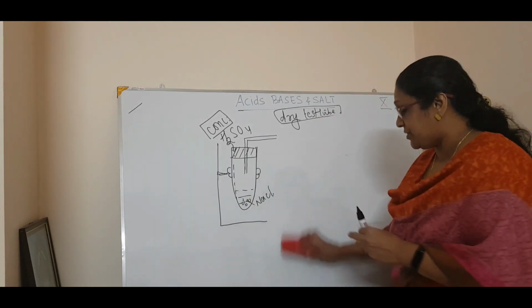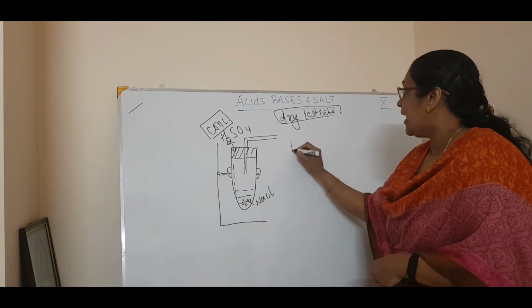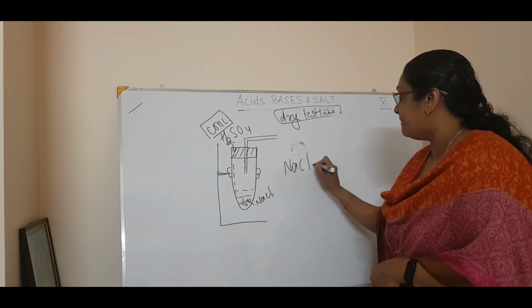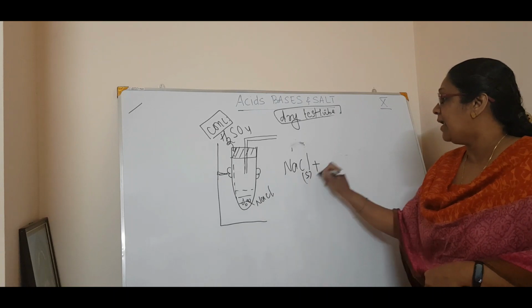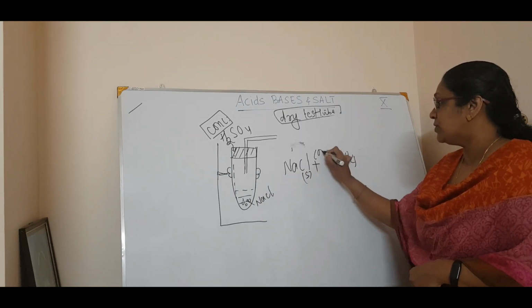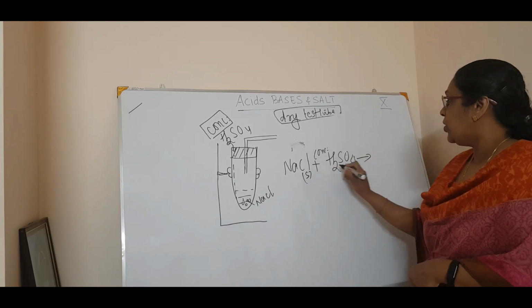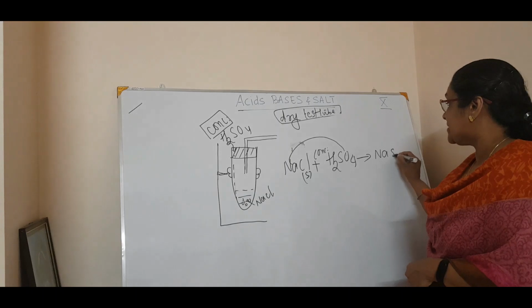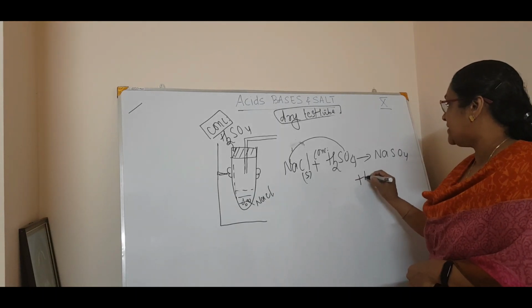If you see the equation for this, we will say NaCl plus concentrated H2SO4. Correct? You will get what? You will get NaSO4 plus HCl.